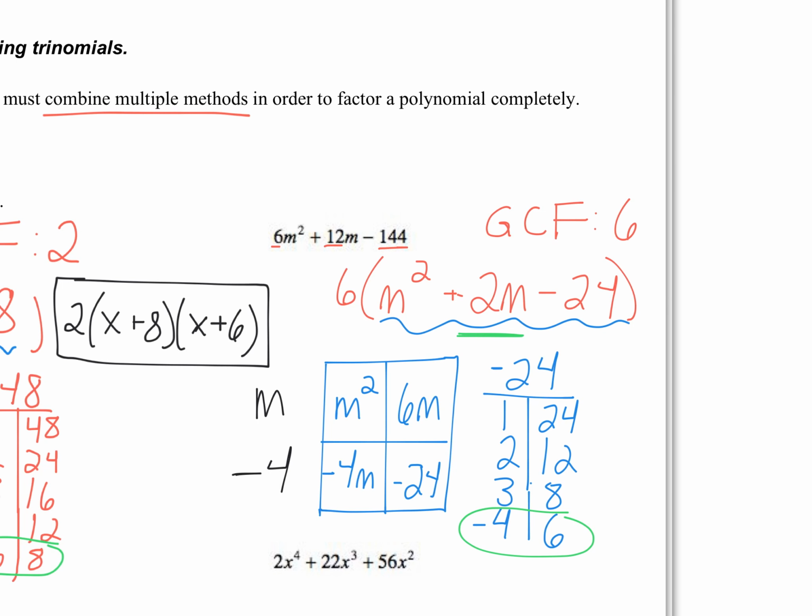My columns, that's m. And then they share a 6. My final factors, I'll put that off to the right again. I have a GCF of 6. Then I have 2 binomials that I just factored into. m minus 4 and m plus 6.